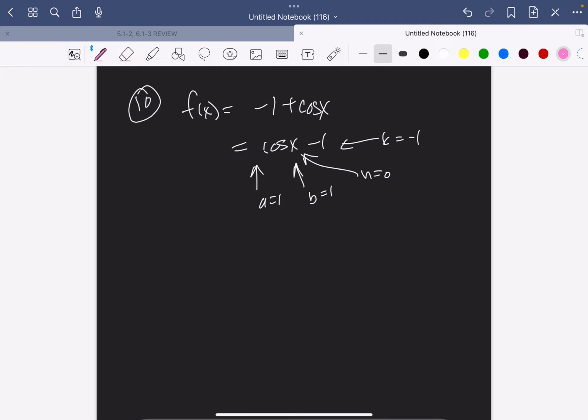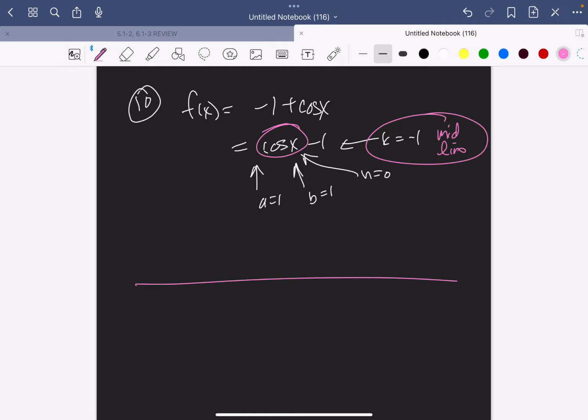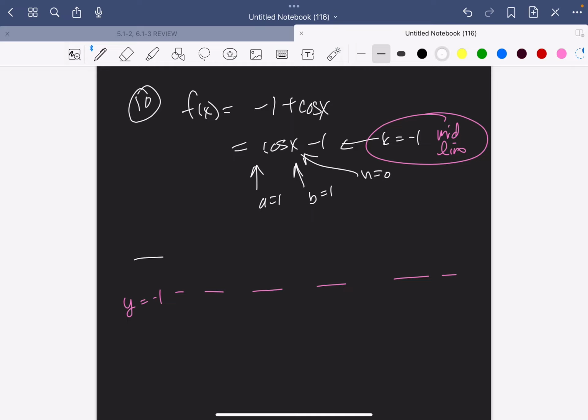So this k being -1 is telling you that the midline is now -1. So the whole graph, you just took all your old outputs and shifted down to -1. You have this midline right here at y is equal to -1. And then you have this that goes like that, this that goes like that.